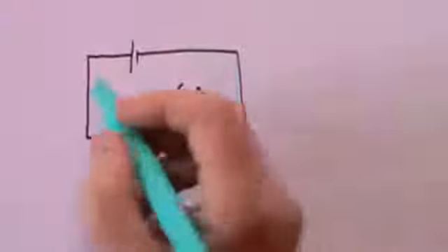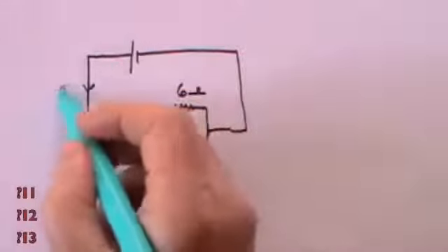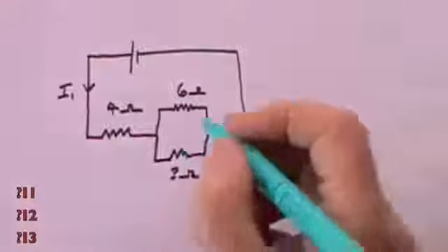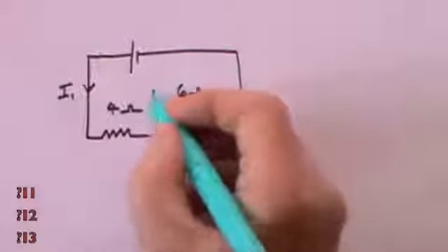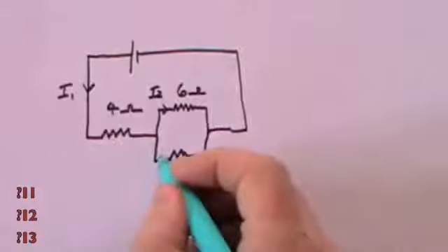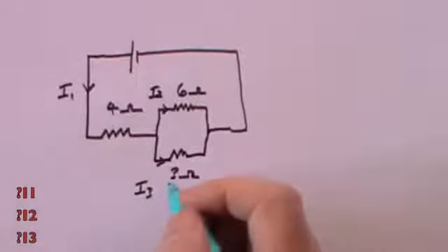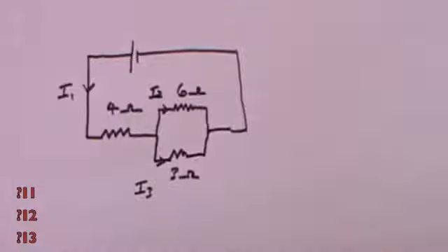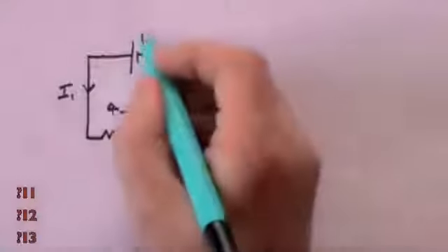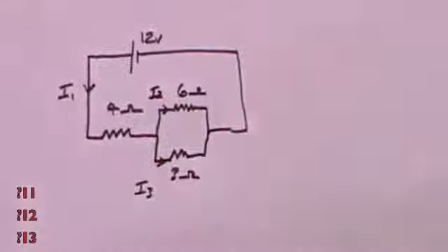And the question is, what is the current that flows here? We'll call that I1. What is the current that flows here? We'll call that I2. And what is the current that flows here? We'll call that I3. So what are those three currents if we have a 12 volt battery driving through those resistance arrangements?